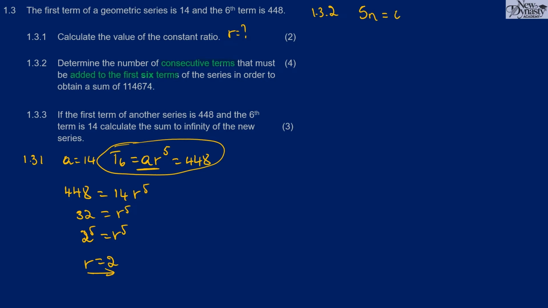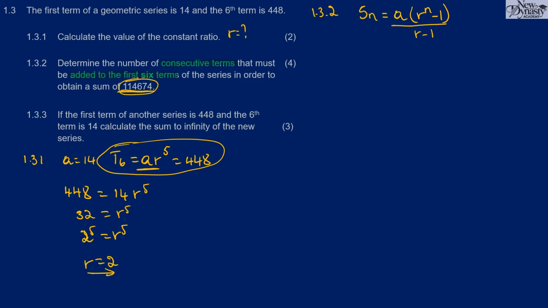So that is going to be a(r to the exponent n subtract 1) divided by r subtract 1. Now, there are two ways of doing this. You can just use the sum as it is given. But if you use this number here, it's going to give you all the consecutive numbers that are added to get this number.